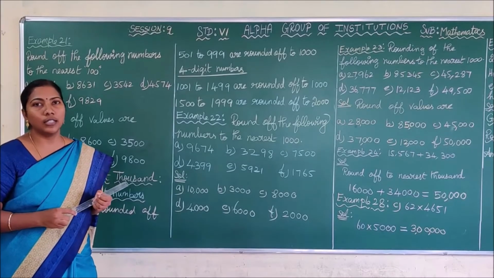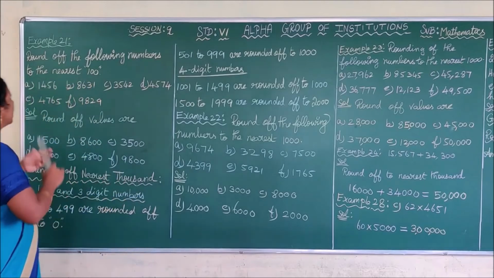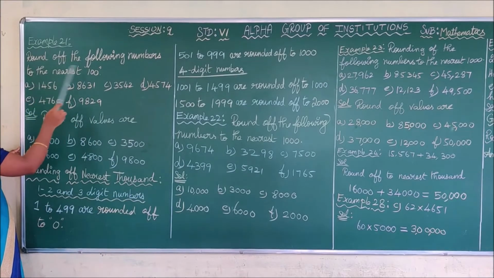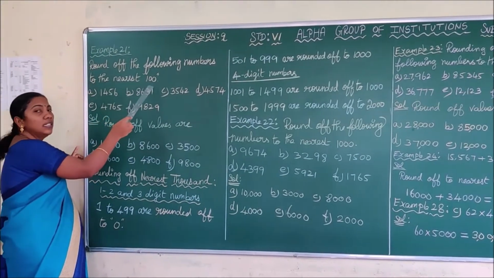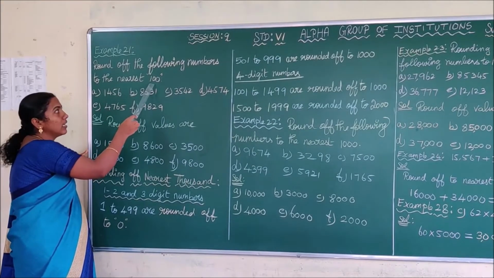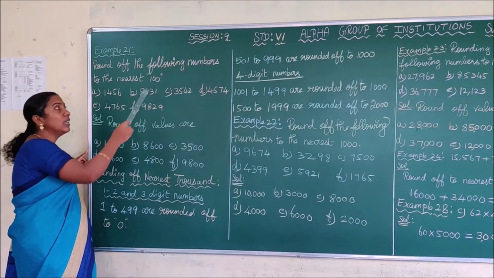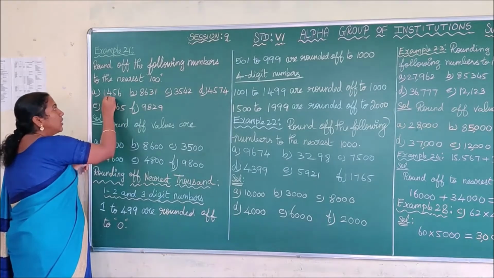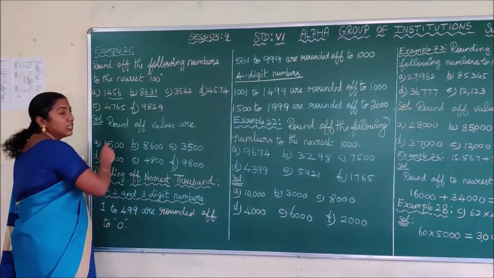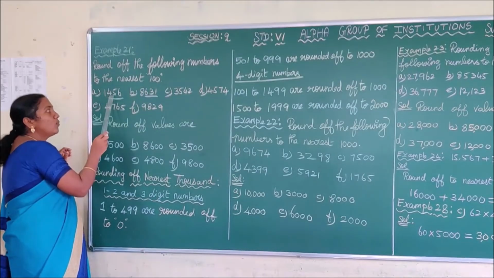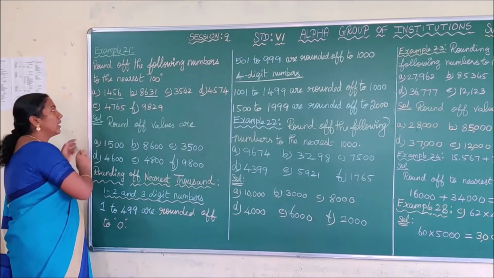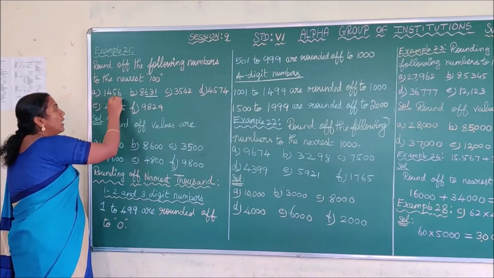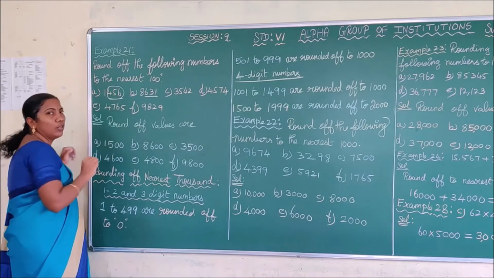Next we are going to see the example sum. Example 21. Round up the following numbers to the nearest 100. The question is asking us to round up the numbers to the nearest 100. Nearest 100 means you have to consider the last three digits. Okay. See the first one. 4456 you have to consider.